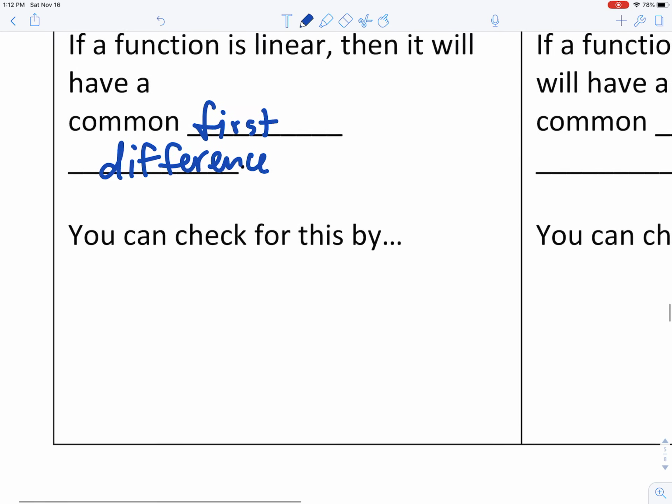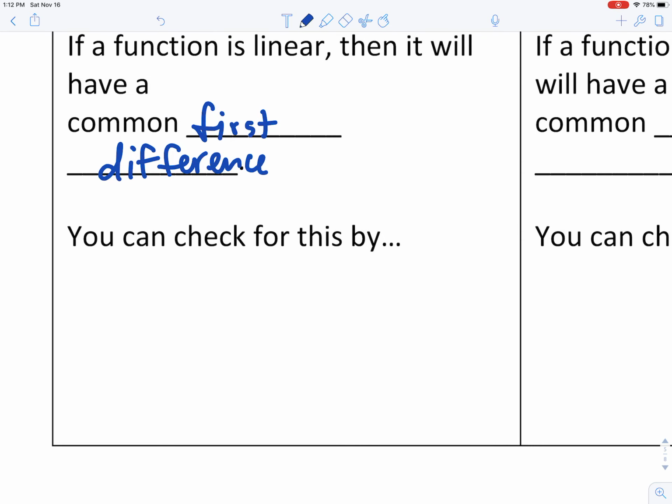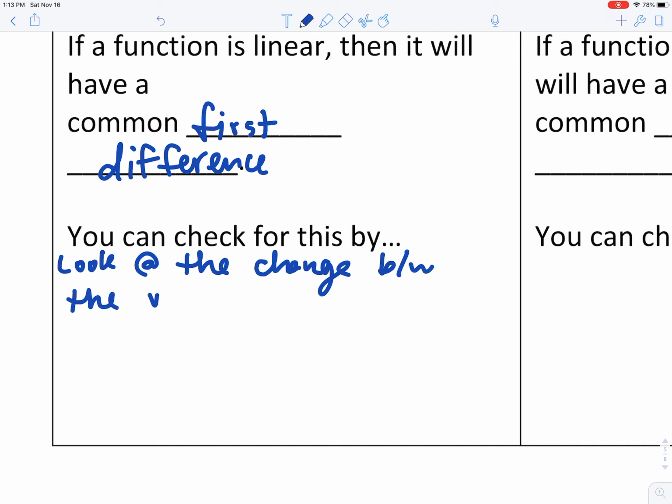So you check this, and we'll get into it in a second. I guess I'll just write about it here, and put it into your words, but we look at the change between the y's.